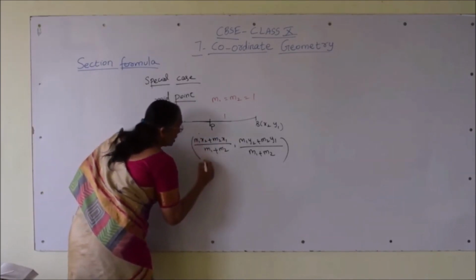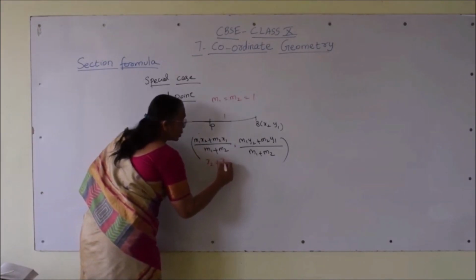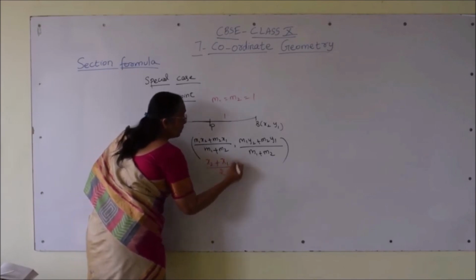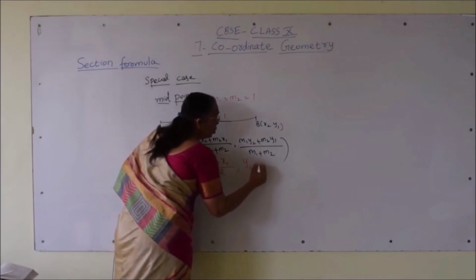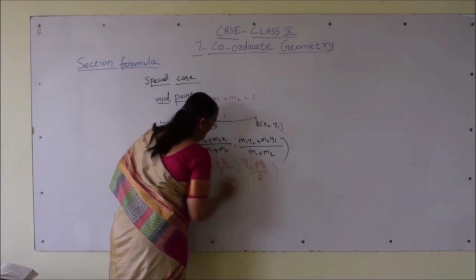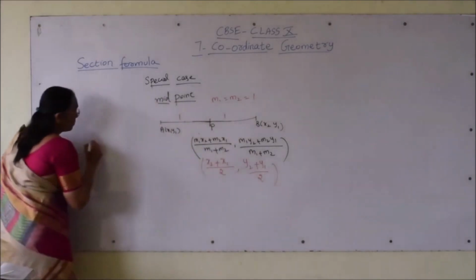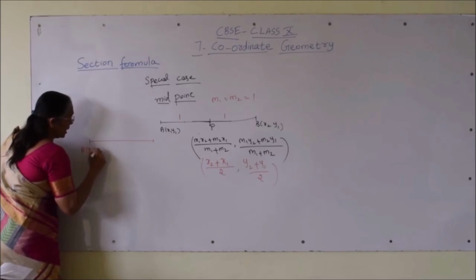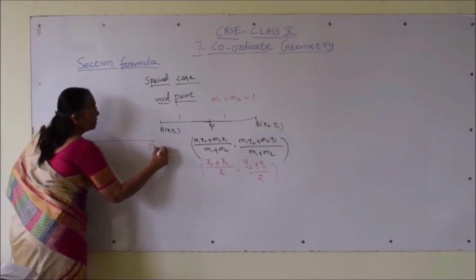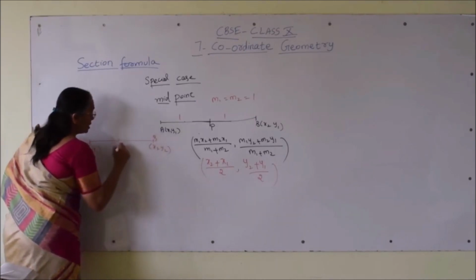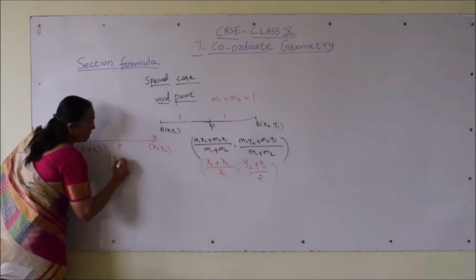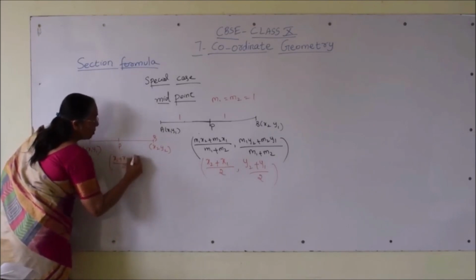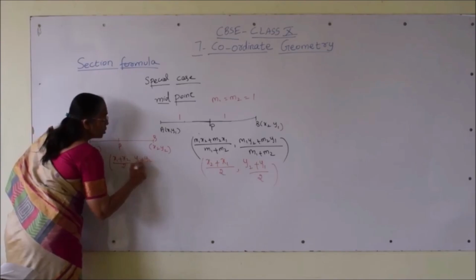So, 1 into x2 is x2, 1 into x1 is x1, (x2 plus x1) by 2, comma, (y2 plus y1) by 2. Or we can say the midpoint of a line segment joining the points (x1, y1) and (x2, y2) is given by ((x1 plus x2) by 2, (y1 plus y2) by 2).